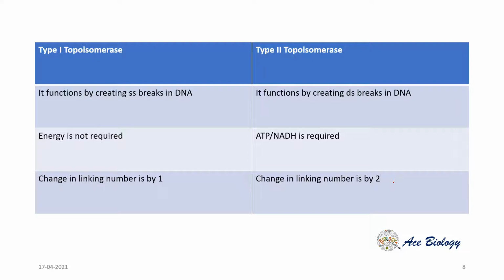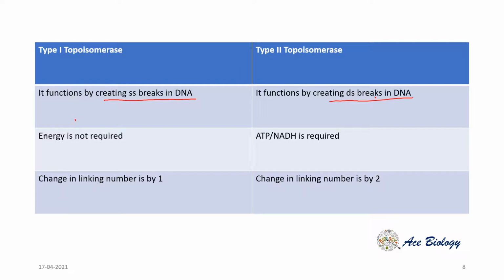This is the table which represents the difference between type 1 topoisomerase and type 2 topoisomerase. This one is already discussed: the type 1 topoisomerase will function by creating a single-stranded break, but type 2 topoisomerase will create a break in both the strands.